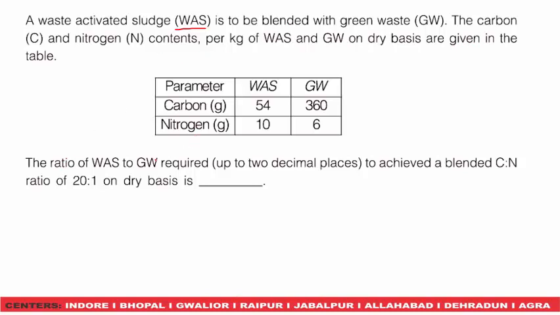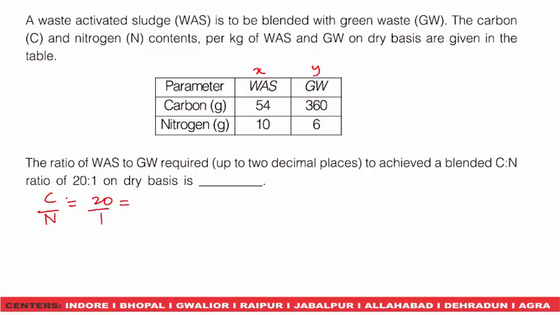The ratio of WS to GW required, up to 2 decimal places, to achieve a blended C/N ratio of 20:1 on dry basis is. Let the mass of waste activated sludge be X and mass of green waste be Y. Now C/N ratio is equal to 20:1. This is given to us.